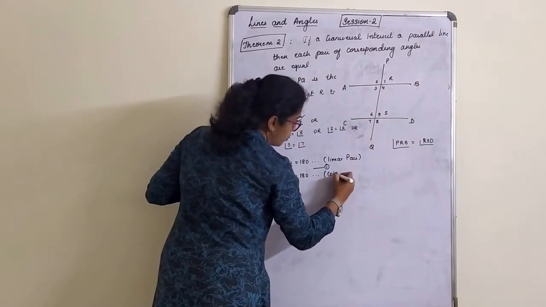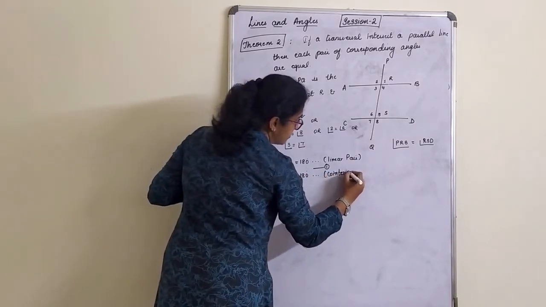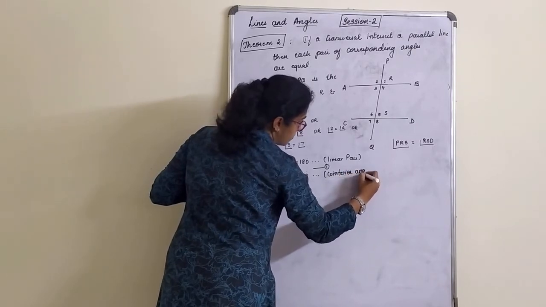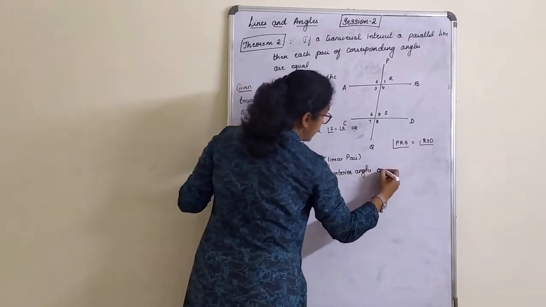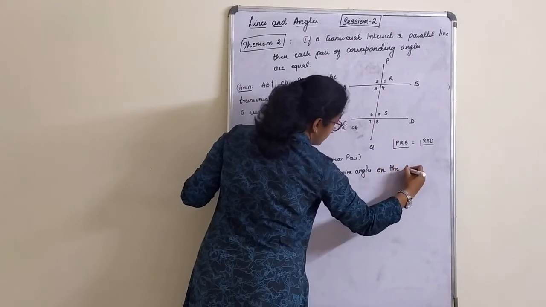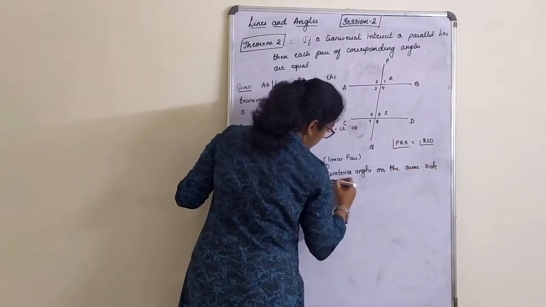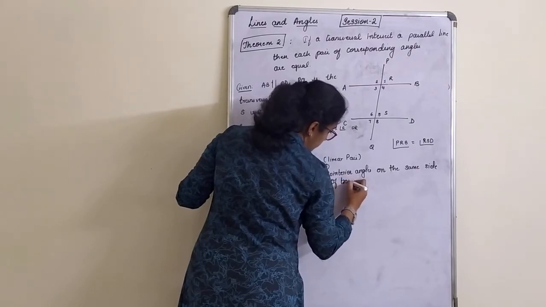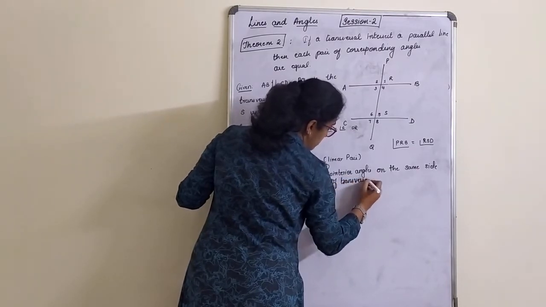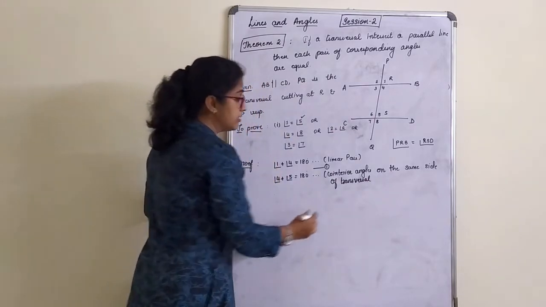Reason? Co-interior angles on the same side of transversal. Reason must be written completely and neatly.